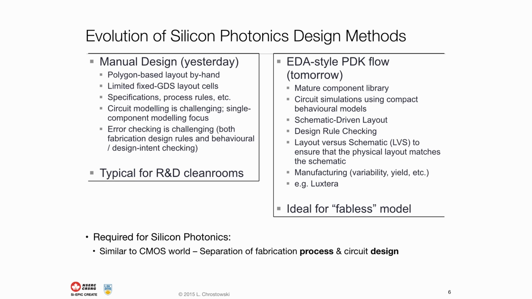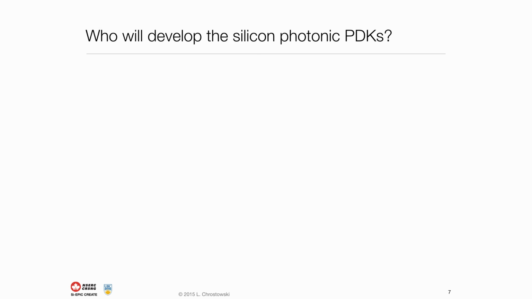What isn't totally clear is who will develop the PDKs for silicon photonics. Silicon photonic foundries are gradually starting to develop PDKs, but they are still immature compared to the electronic PDKs we have described so far. To date, most of the companies and researchers working in silicon photonics have had to develop their own PDKs, or at the very least expand upon them to build what they want. It has been seen as a necessary evil and an inefficient use of everyone's time.